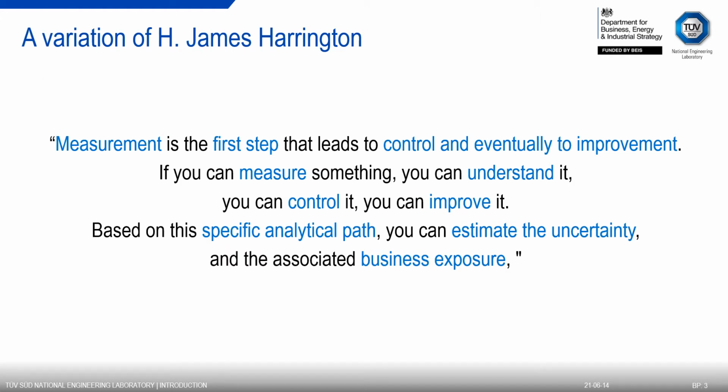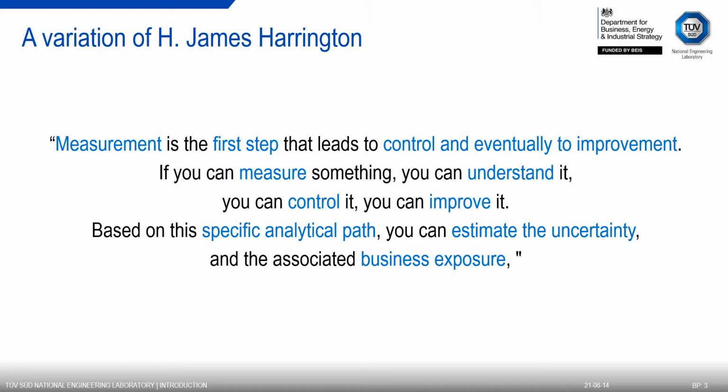I want to highlight the importance of measurement, before we go formally into this allocation process. If you have no proper measurement, you are not capable of analyzing exactly what's happening in your system. So the first step is really measurement. And if you do that properly, you will be able to control and probably improve your network or your system of measurement.